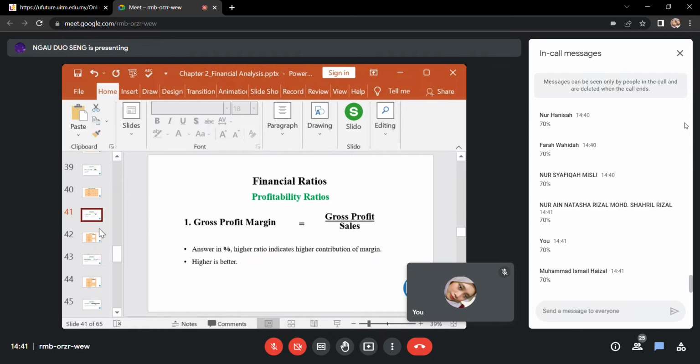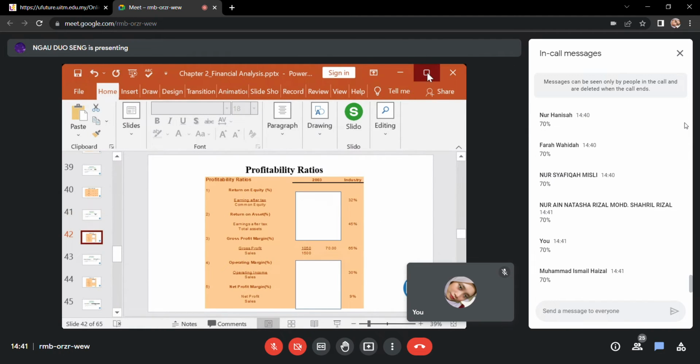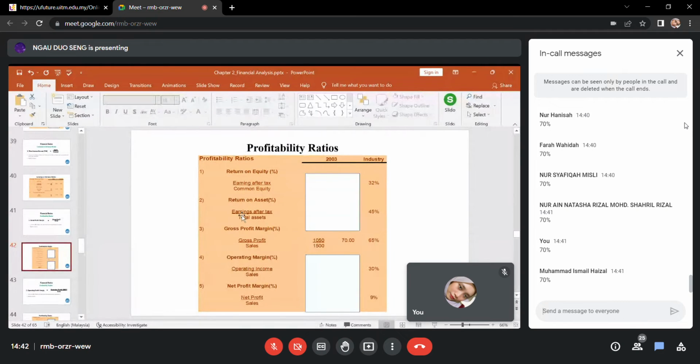All right, so we check. We have gross profit margin. So 1,050 divided by 1,500. So we have 70. All right, so the company is good. The company did about 70 as compared to the industry only 65. So if you want to write a conclusion, then we say the company is better.